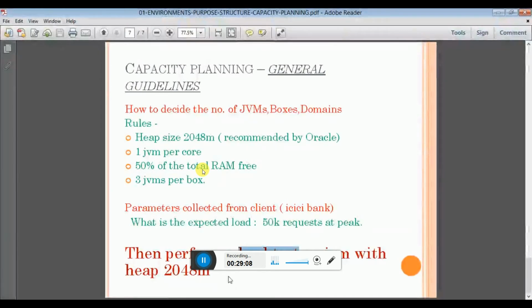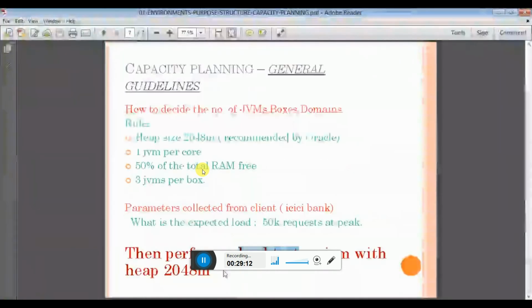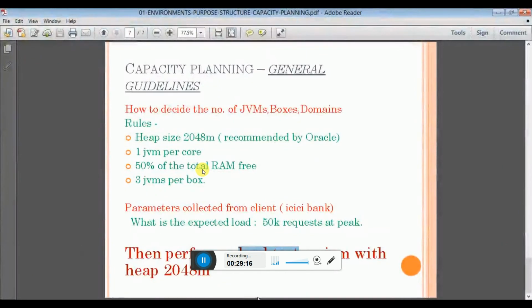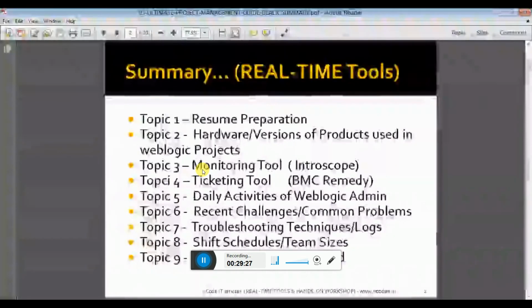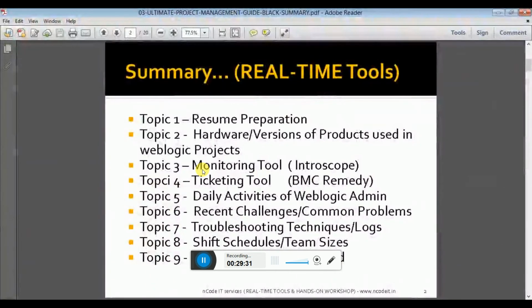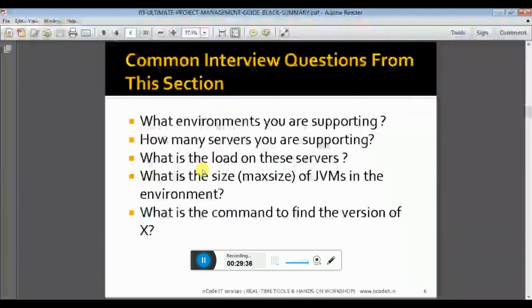It's not done randomly. So when questions are asked, how many servers you are supporting, what are the environments you are supporting?